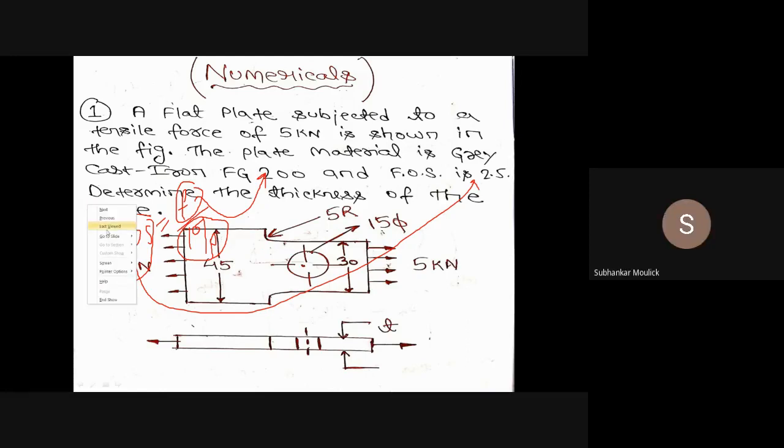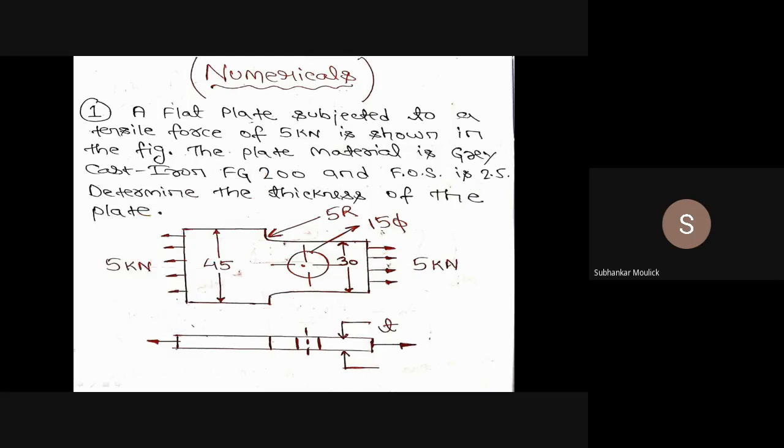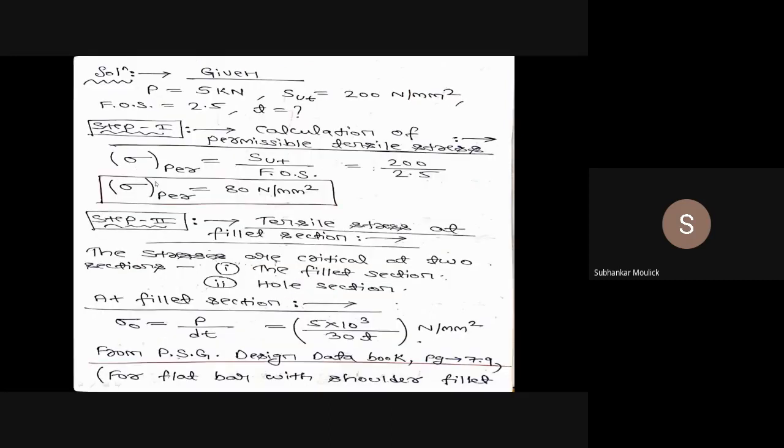Yes, sir. Is it clear? Any doubt, anyone here? Okay. So let us calculate the value of permissible stress, that is SUT by factor of safety. SUT is 200 divided by factor of safety 2.5. If you solve it, you will get the permissible stress value to be 80 Newton per millimeter square.